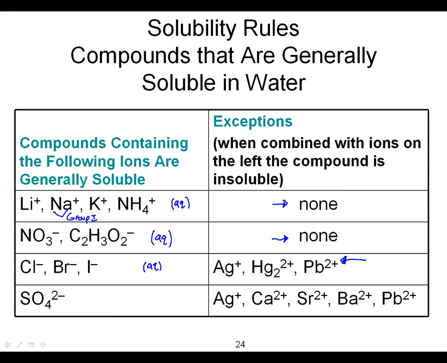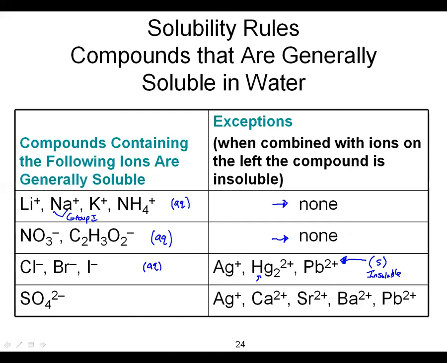If you have chloride, bromide, or iodide hooked up with silver, mercury 1, or lead 2, it goes from being soluble to being insoluble.